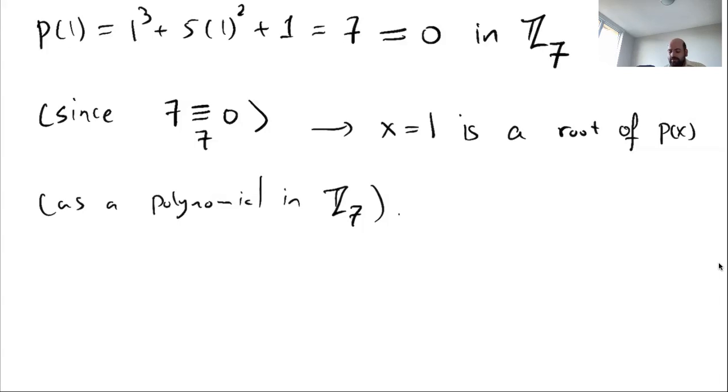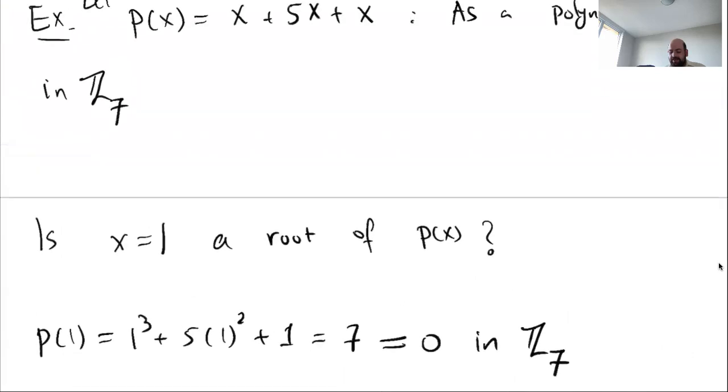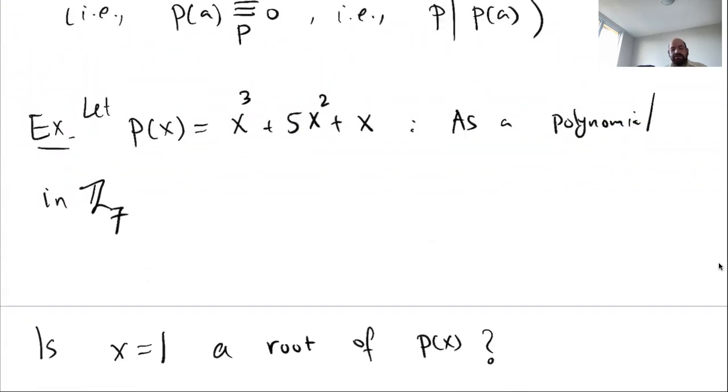Okay. So now one question that we could ask here is that given a polynomial of degree, let's say n, how many roots can we have for P of x? So a polynomial of degree n in Zp can have how many roots?